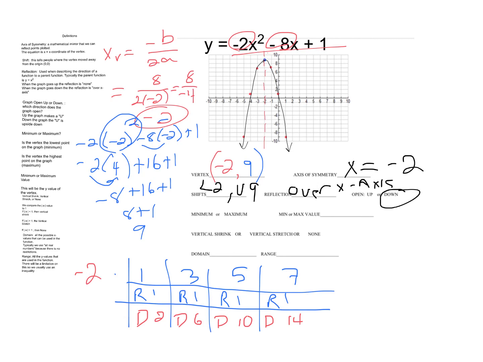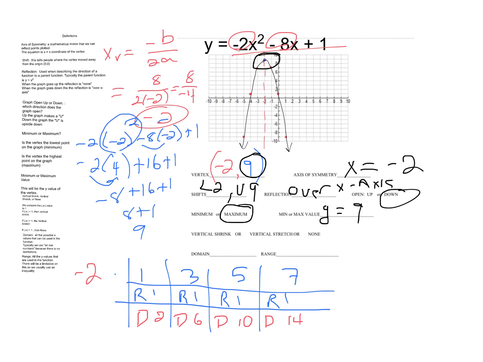Goes down, because of the vertex. Alright, so minimum or maximum. The vertex here is at the top of my graph, so it is a maximum value. The value, again, is the y coordinate of the vertex, so y equals 9.